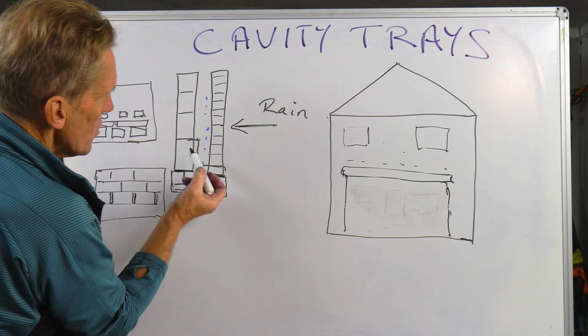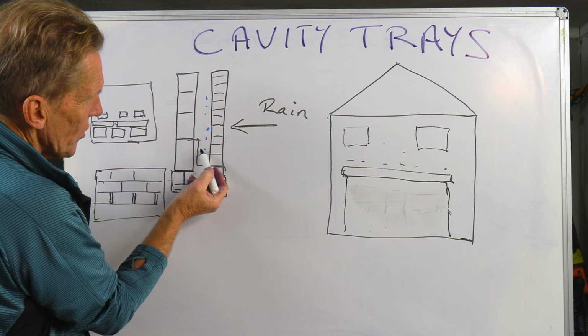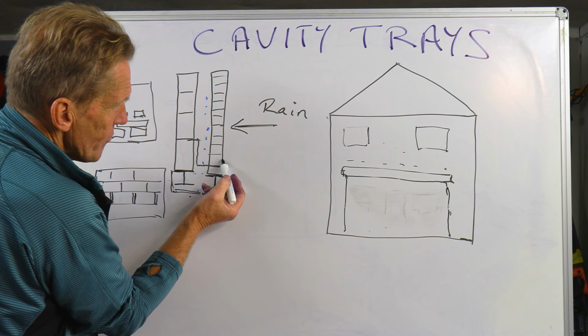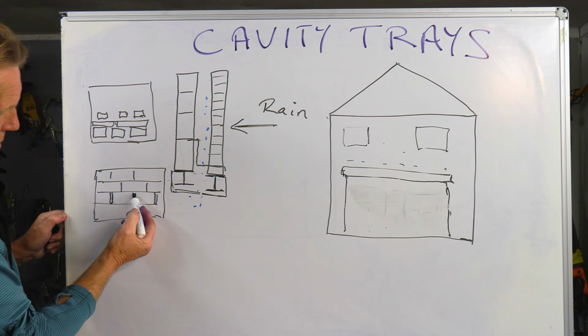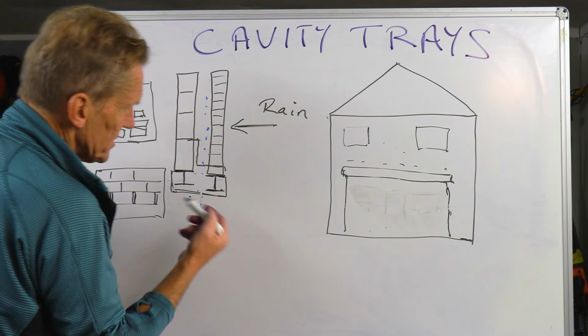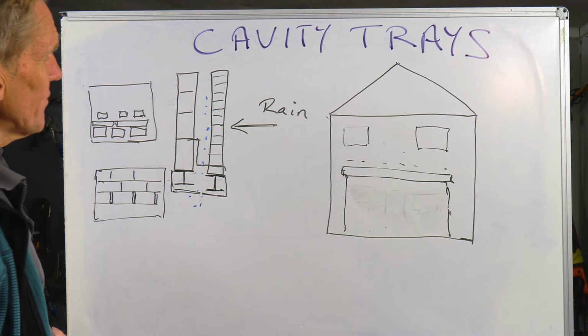They will take the water that's being caught on that cavity tray, and they will take that water out through that weep hole, which is in what we call the perpendicular joint, and take it safely away. So you'll have no problem.